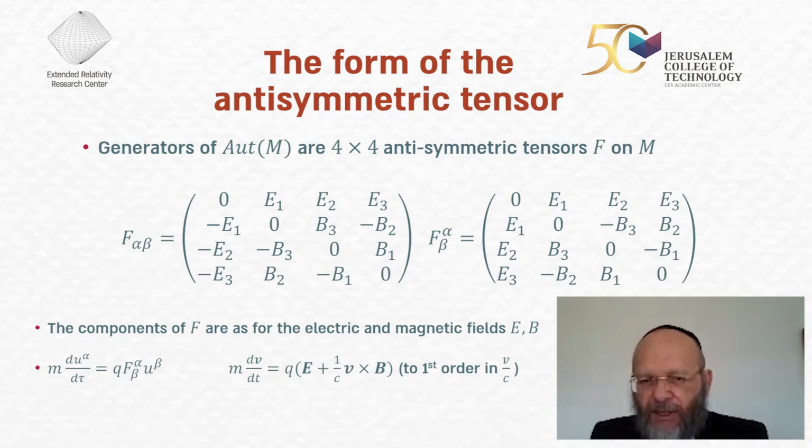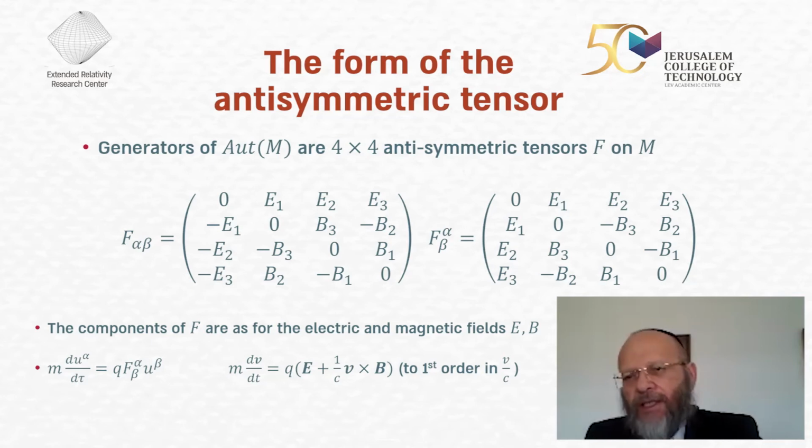This one should become a tensor, and you identify it with this tensor, and you really check that to first order in v over c the two formulas coincide, and this formula gives you all orders in v over c, the right, relativistically true formula for the evolution of a charge in an electromagnetic field.